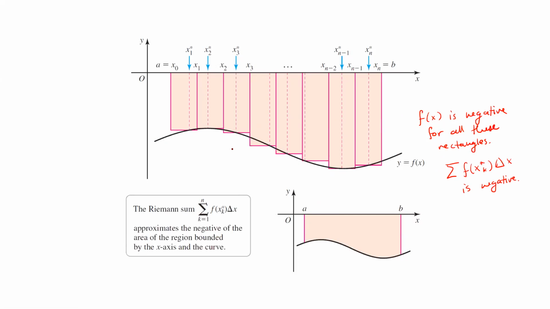And therefore, if we consider this an approximation of the area below the x-axis, then what we're really considering here is that the area of the region below the x-axis is thought of as a negative area, a negative region.